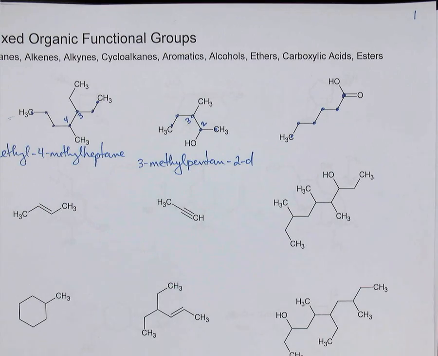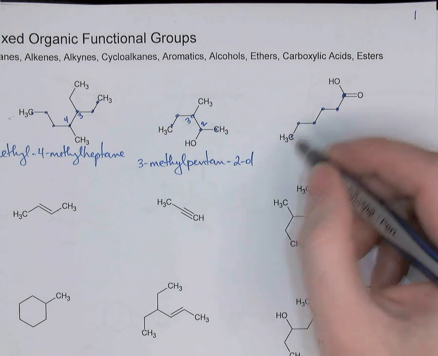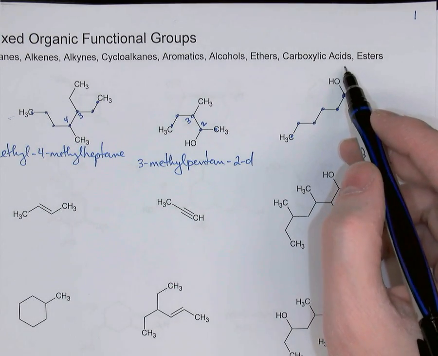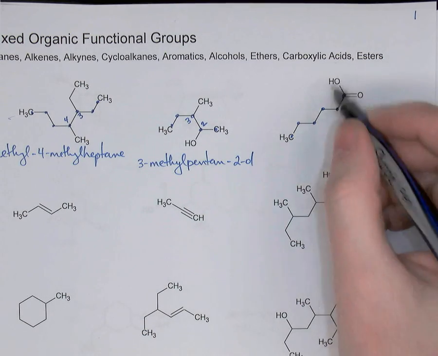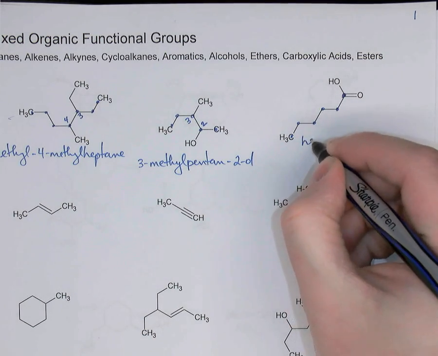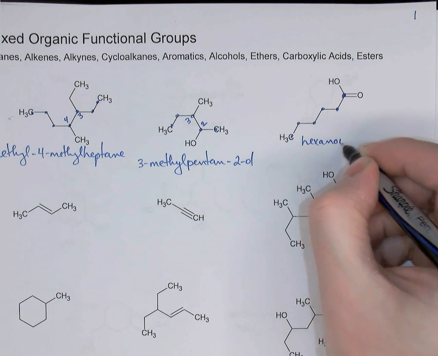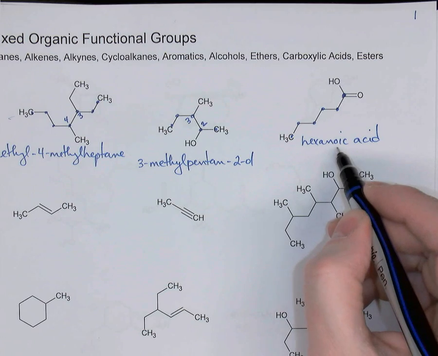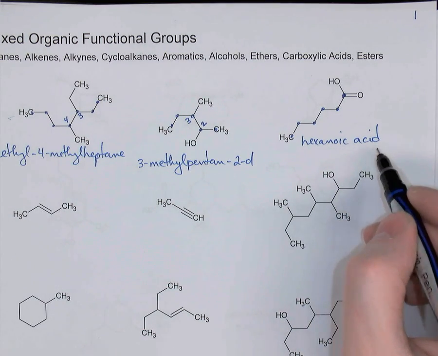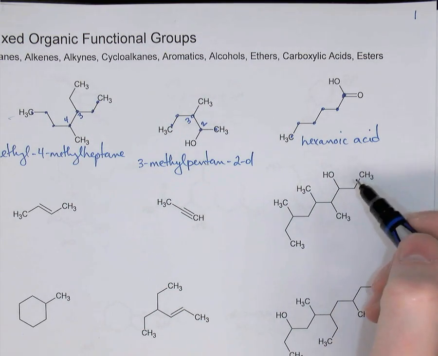There are no branches or anything, so this is just a 6-carbon carboxylic acid. 6 carbons, we would think hexane, but carboxylic acid, hex and oic acid. You drop the E from hexane and you add oic acid. So hexanoic acid.